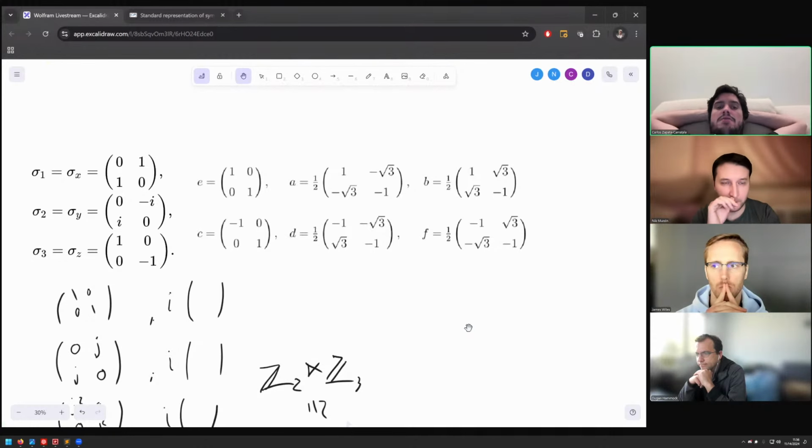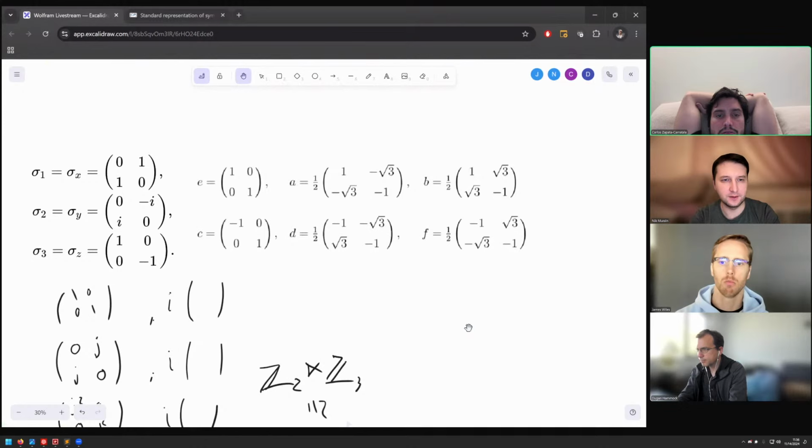So C is a reflection, right? C is a reflection, yeah. The rotation is the... which one? They are all with reflection, right? Essentially. There's no pure rotation. No, I don't think there's pure rotation.